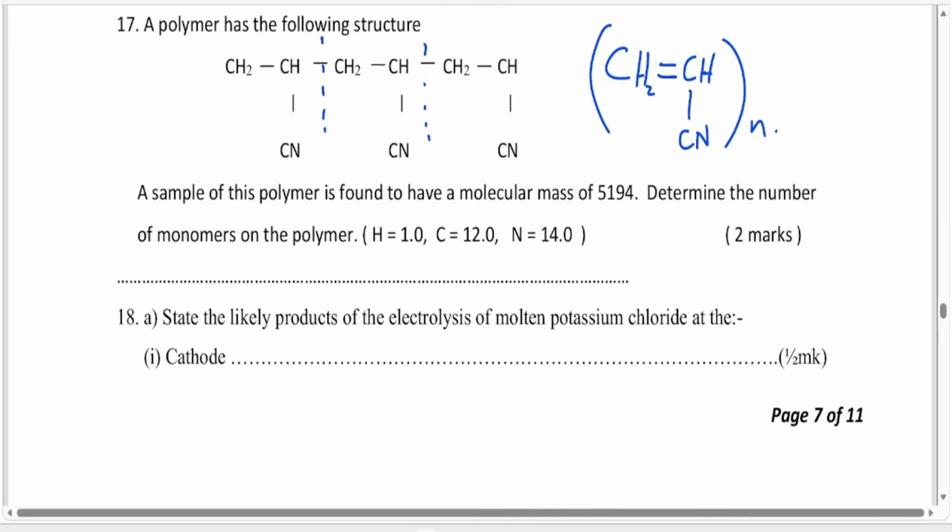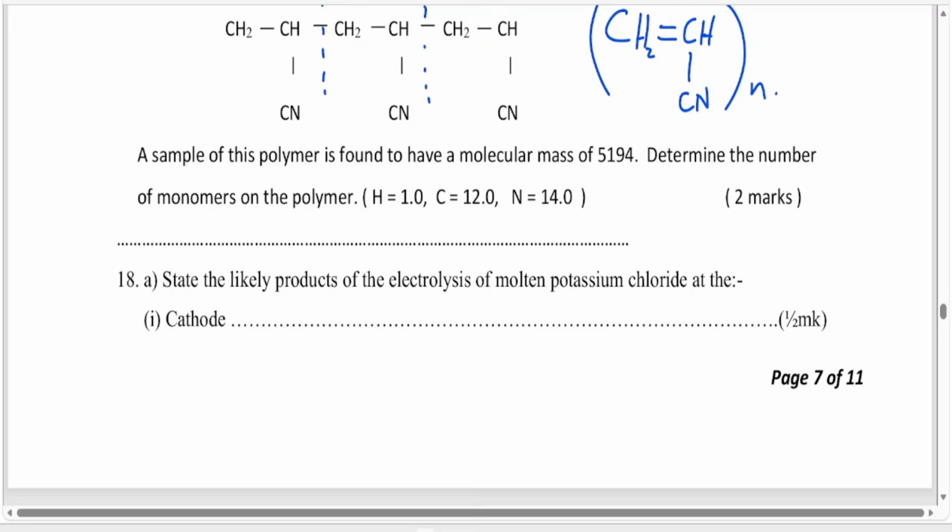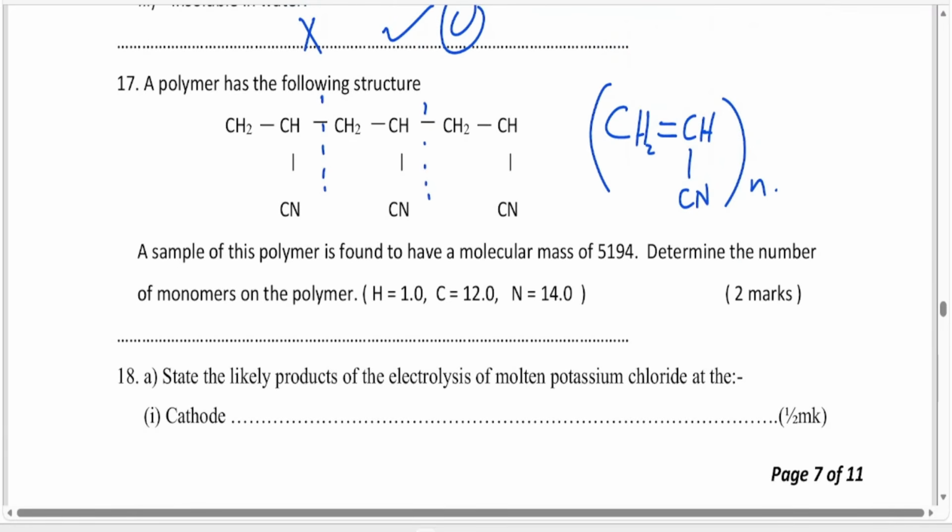So how do we determine the number of monomers in a particular polymer? Number of monomers is given by the molecular mass of the polymer divided by the relative molecular mass of the monomer.